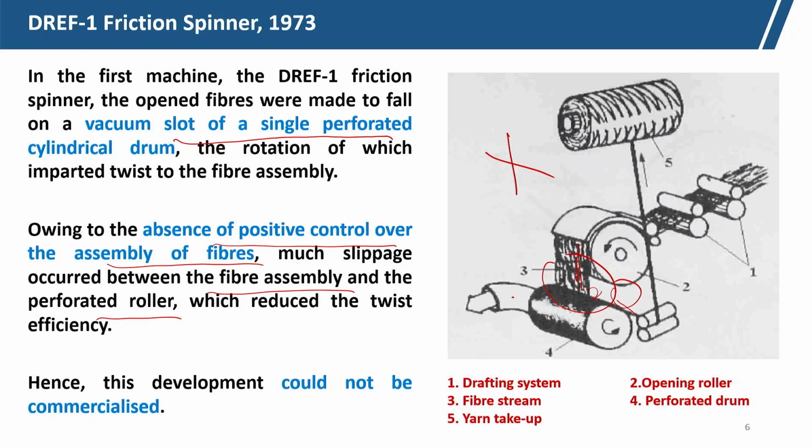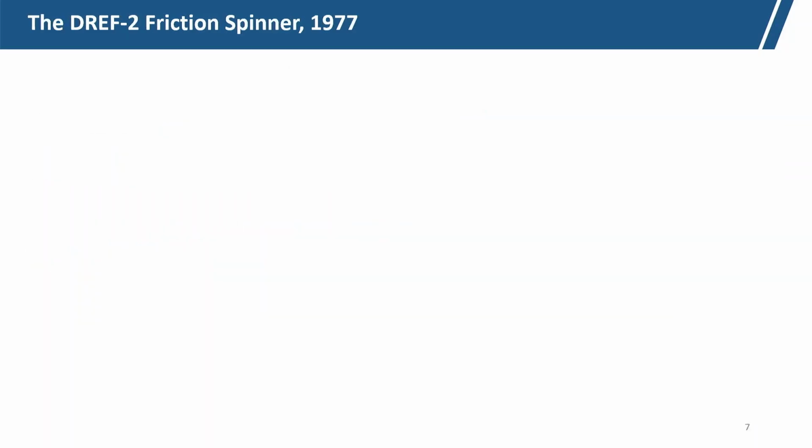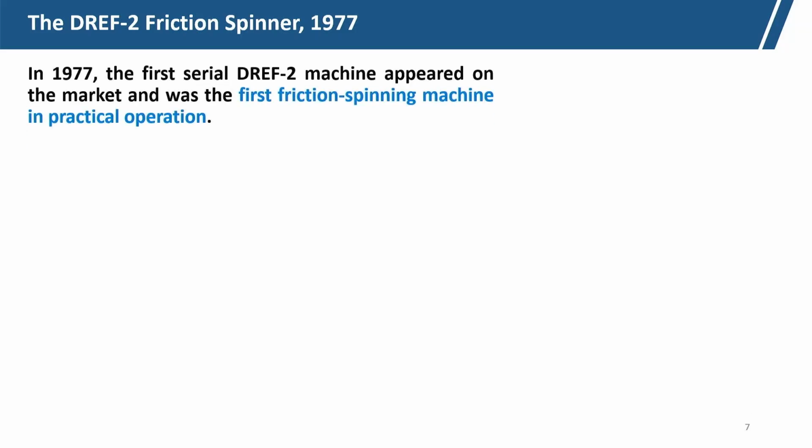So, that concept was proposed, but in future Dref came up with a modified version. In 1977 the Dref 2 friction spinner came into existence. This was the first serial Dref 2 machine to appear on the market, and the first friction spinner machine in commercial and practical operation.